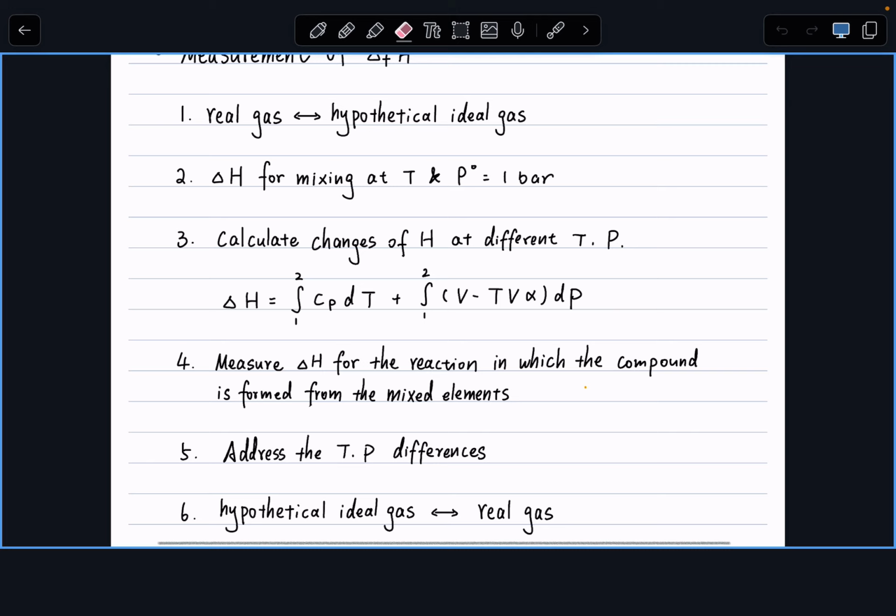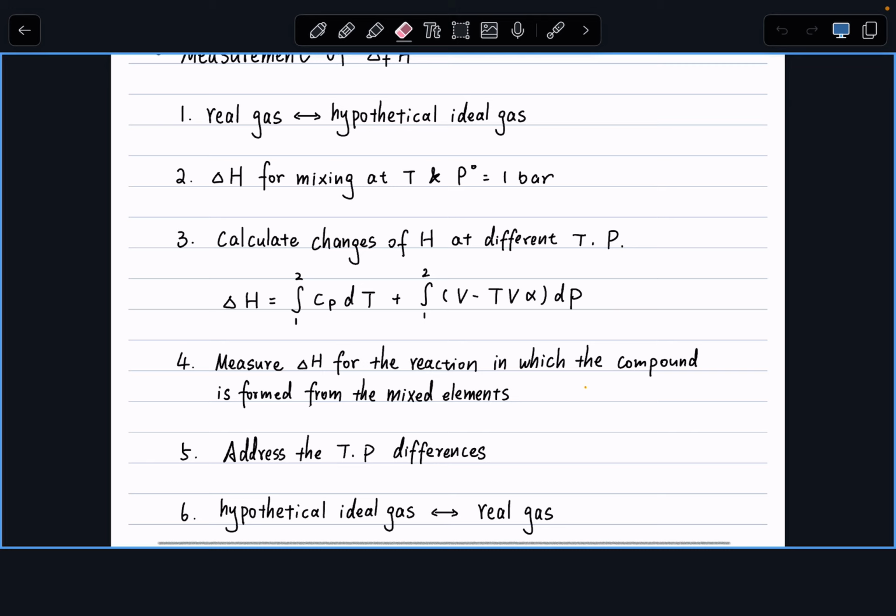But nevertheless, what we can have is delta H. We take the integral from T1 to T2 of Cp dT plus the integral from P1 to P2 of V minus TV alpha dP. Right, and note here, knowing the equation of state, we'll be able to solve for V and alpha as a function of P. So we have ways to solve that integral. So that's the third step.